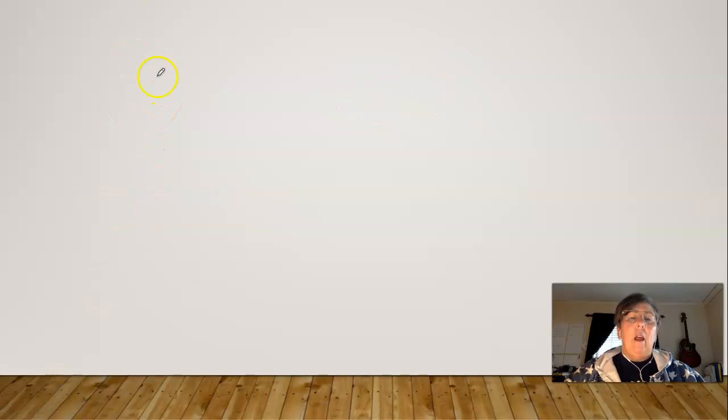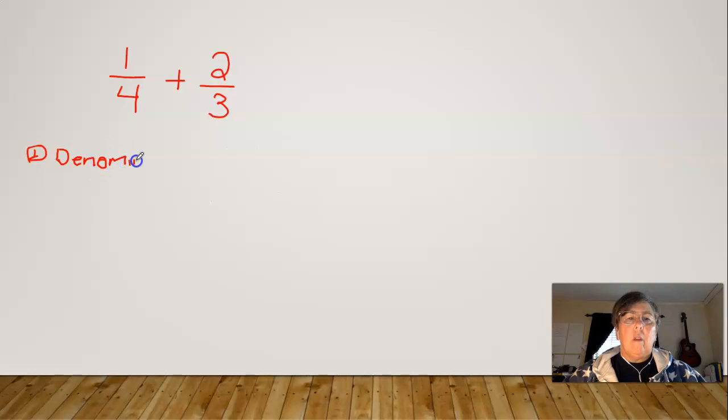Let's try another one. Let's do 1/4 and 2/3. First thing, look at the denominators.